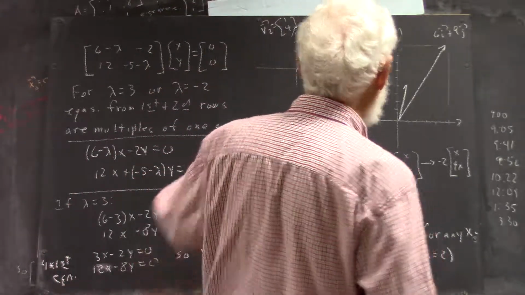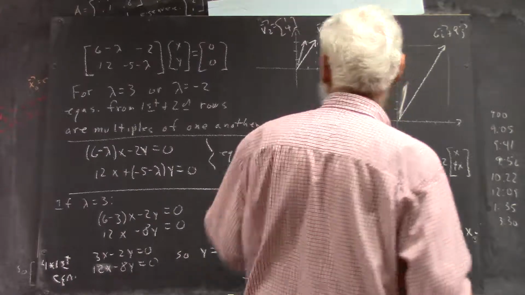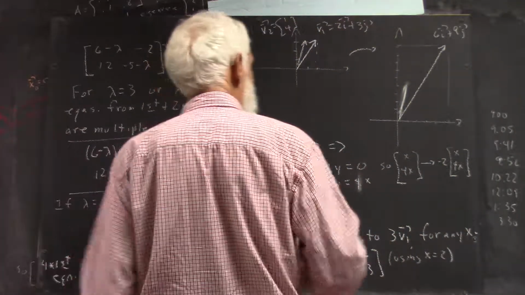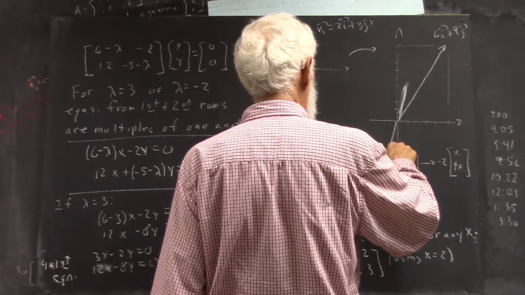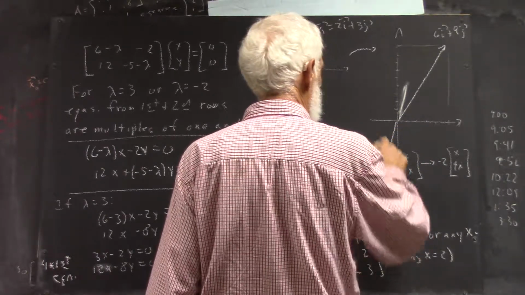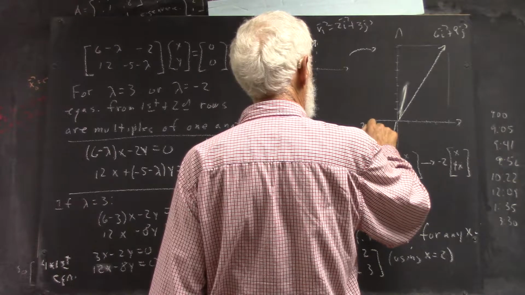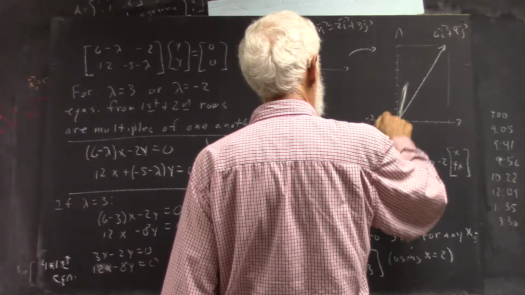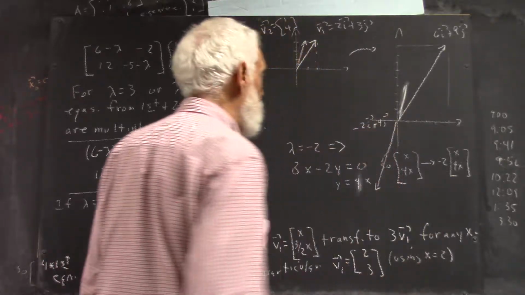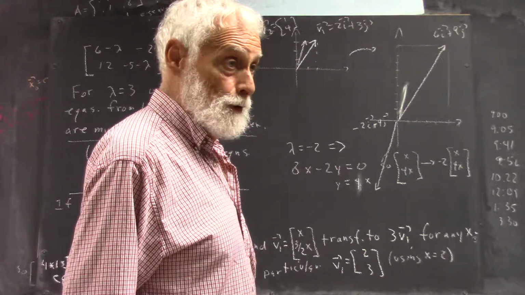And it maps to -2 times that. So -2 times 1, 4, be -2i minus 8j. Okay?